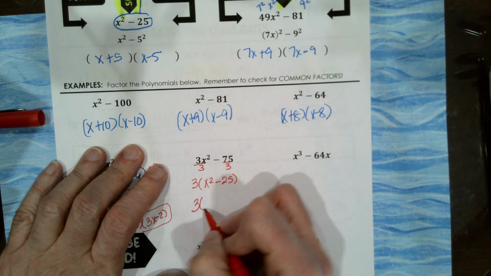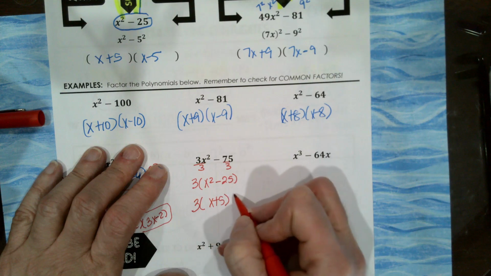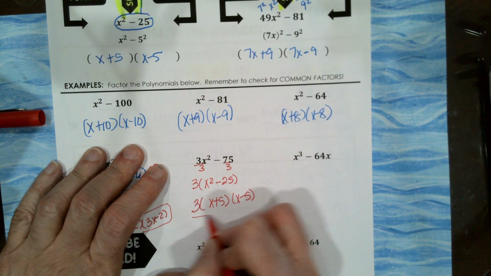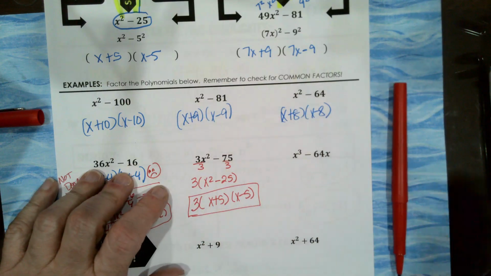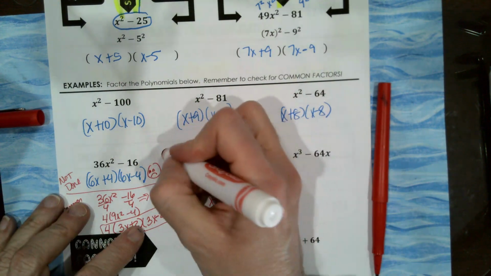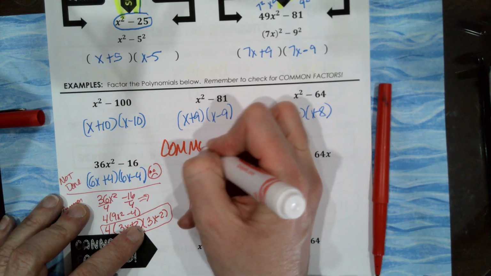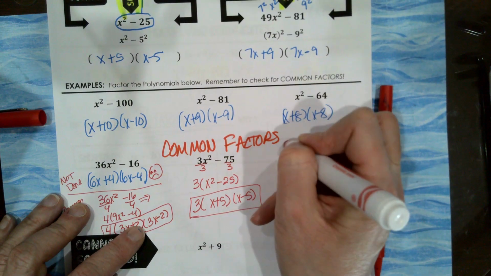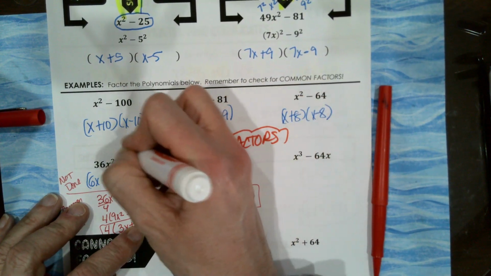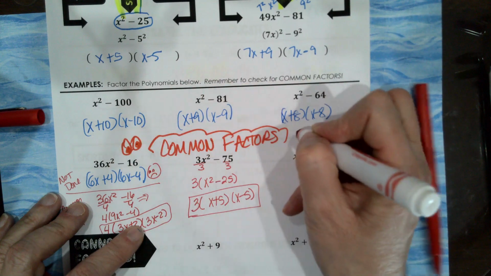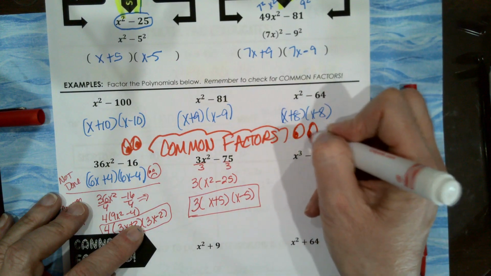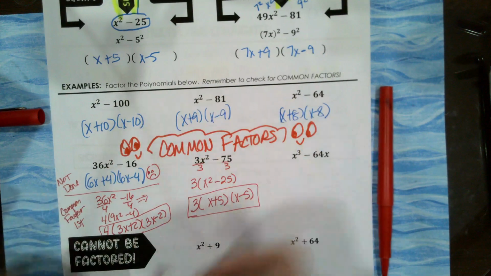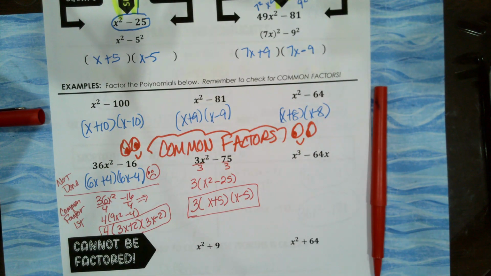This is going to be 3 times x plus 5 and x minus 5. Okay. So remember, we need to look for common factors. It's always better if you can pull those out up front. Look for those first. And again, if you don't find them up front, you can do it at the end.